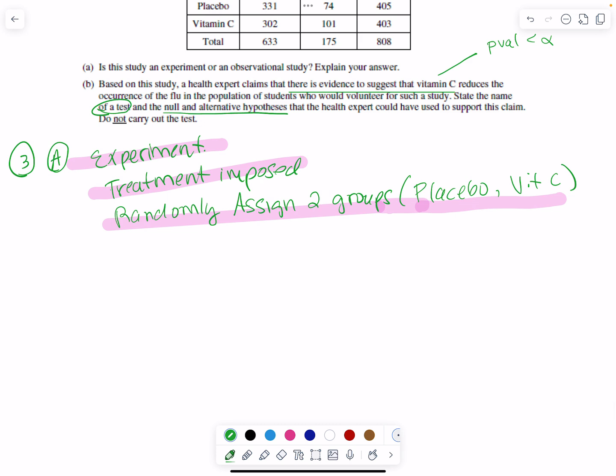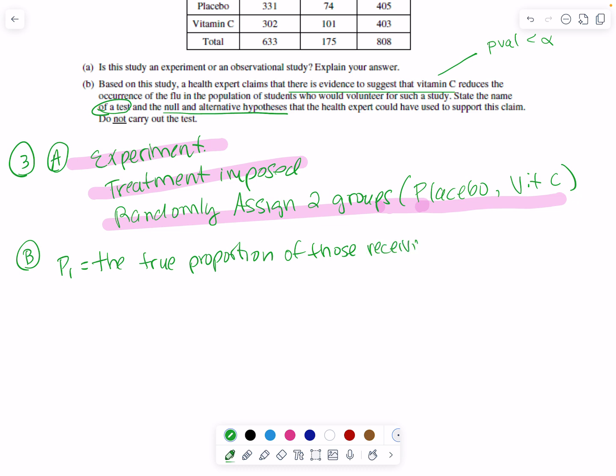And so the first thing I'm going to do is define my variable. So this is for part B. P1 equals the true proportion of those receiving vitamin C who got the flu.